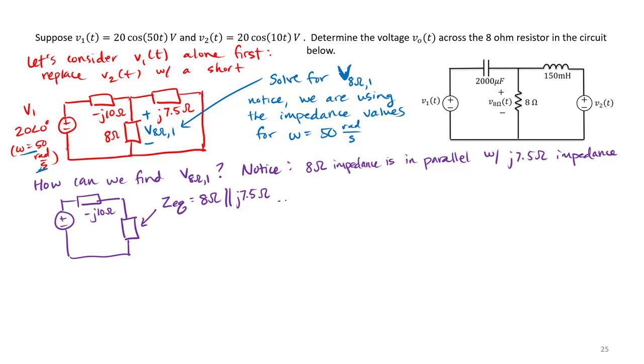So we can use our shortcut equation. Here we know that the 8 ohm resistor will just be 8 angle 0 degrees. Then we have our J7.5 impedance, that is going to be 7.5 angle 90 degrees. And we divide by 8 plus J7.5.